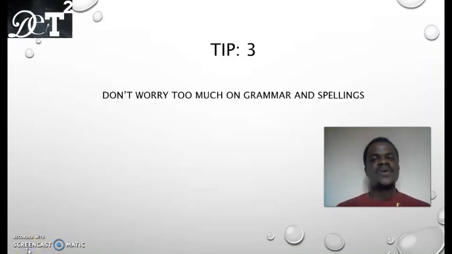Then thirdly, I will also advise you, don't worry too much about your grammar and spellings. Some persons think this is IELTS, where even in your listening, you have to be accurate in your spellings and all that. No. If you hear something and you've written it, sometimes you make mistakes. It's actually acceptable in OET. For example, especially in filling the gaps, the option you are supposed to fill is something like 'writing', which has one T in the spelling, but maybe you've written double T. They are not going to mark you down.